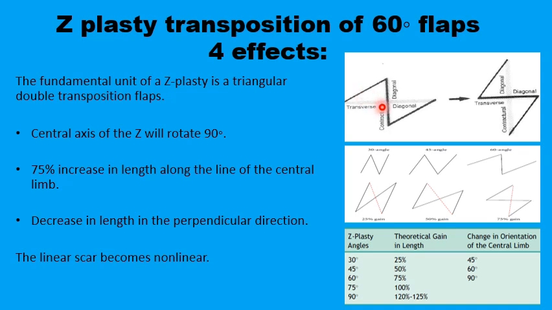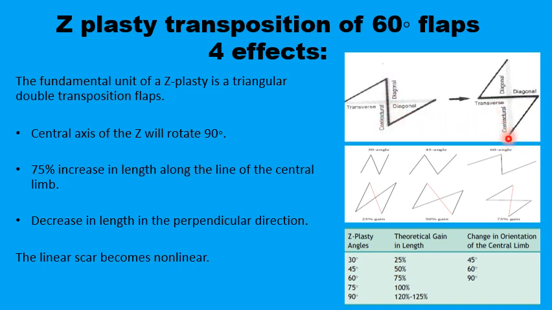This will have four effects on the defect, depending on the angle at the apex of the triangles. If the angle is 60 degrees, for example, then the direction of the scar or the web will be changed 90 degrees. The new direction will be perpendicular to the original direction. There's also a lengthening effect on this segment.